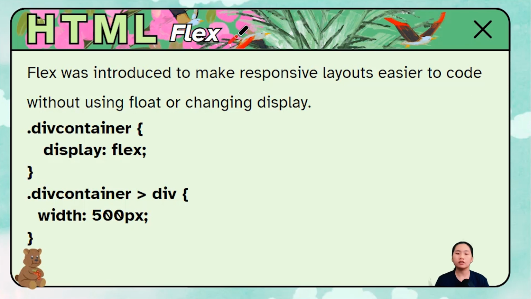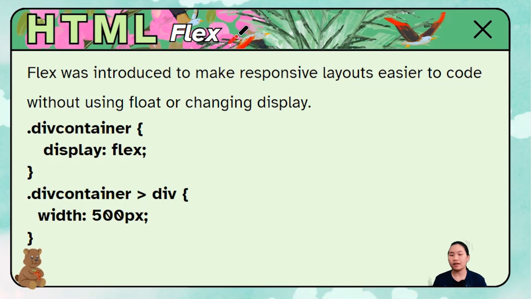Next up is flex. Flex is a layout that was initially introduced to make dynamic and responsive website design easier to code, and you don't have to use float or change display because they can get kind of clunky, and float wasn't meant to position divs in the first place.